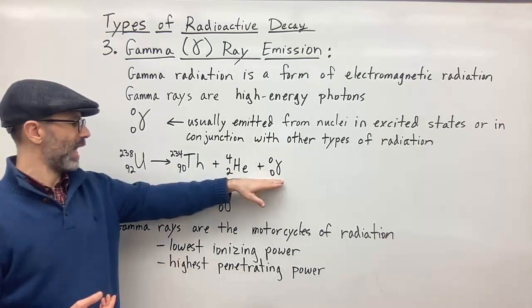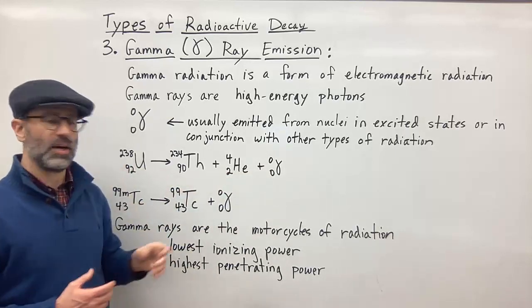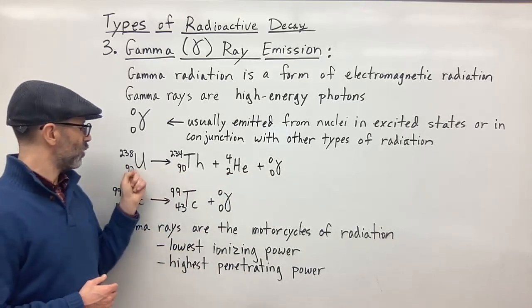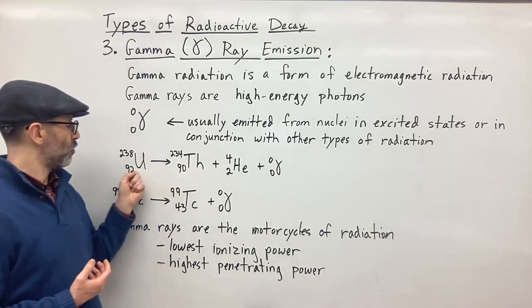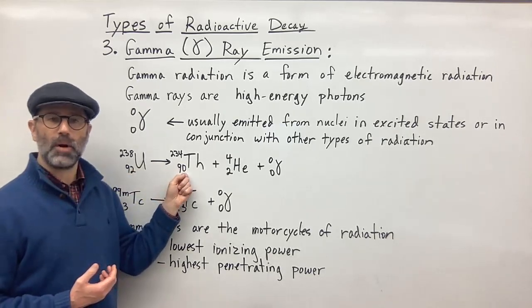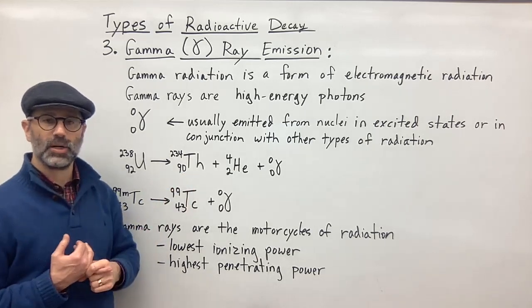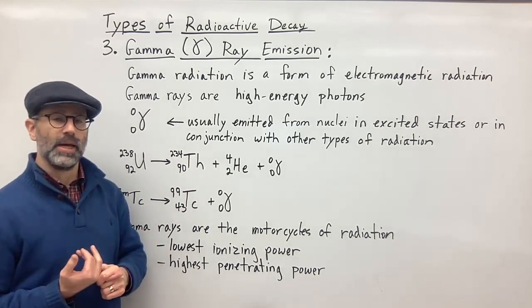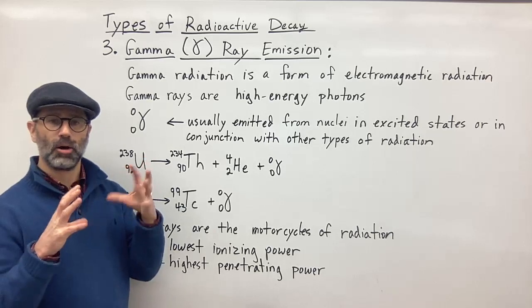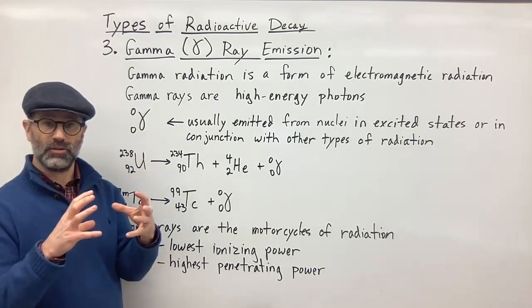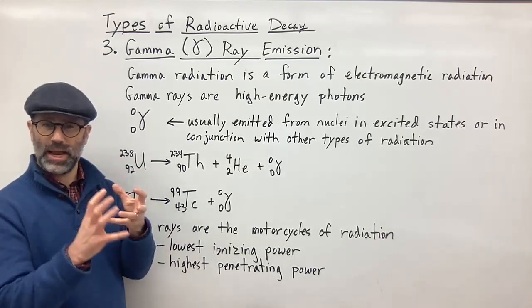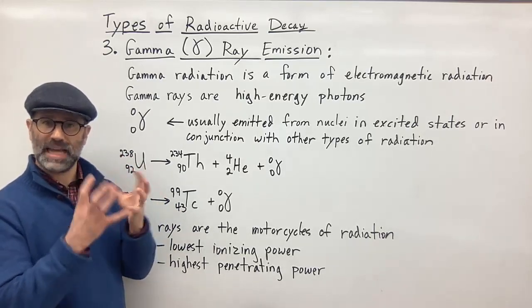And the reason gamma rays occur is because imagine that you're losing a chunk of the nucleus. The unstable nucleus is losing a particle, either an alpha particle or a beta particle. And when that happens, the nucleons in the nucleus have to rearrange to restabilize themselves.